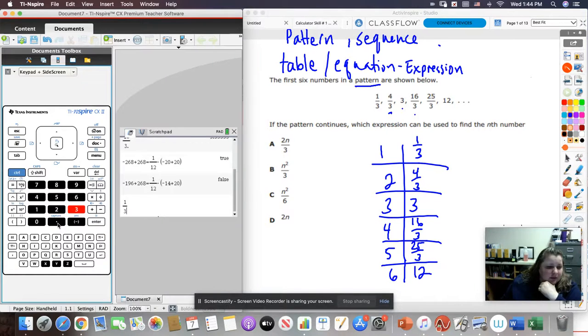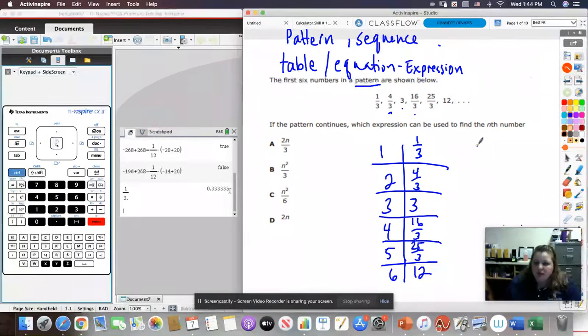Then I like to hit the decimal point, and that gives me the number in decimal form. Then just jot it out here to the side: 0.333 repeated. If you don't have that memorized, that is a common fraction, 1/3, and the decimal 0.333.